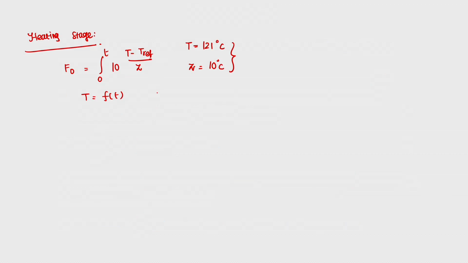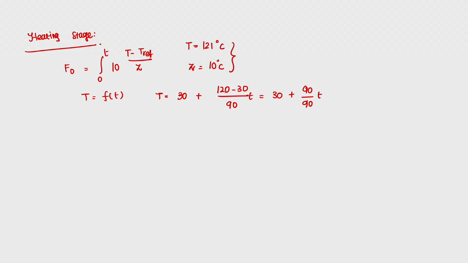First we need to construct the temperature function, which is nothing but 30 plus (120 minus 30) upon 90 seconds. This is the interpolation method. Then it is 30 plus 90 upon 90 into t.